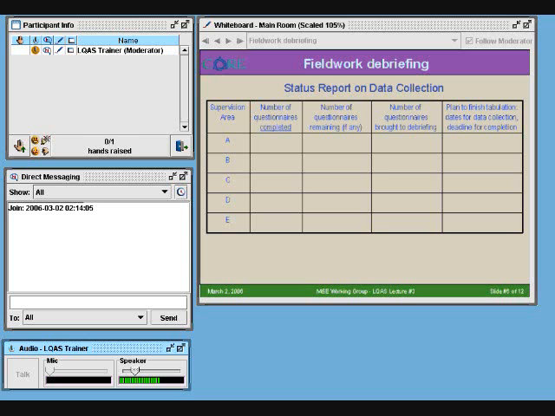We also highly recommend that the table shown in this slide should be used during the fieldwork debriefing.